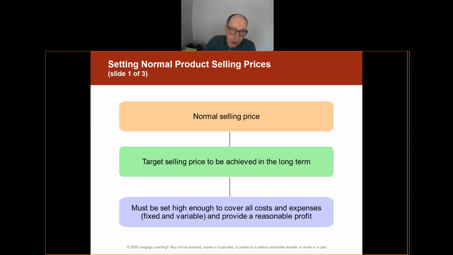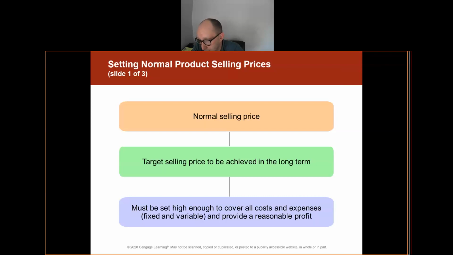So, when businesses set their product sales price, we look at a lot of different things. Okay? We look at the target sales price. That means how much do I want to sell it for? Okay. We look at the normal sales price. That's like, what is the market average?